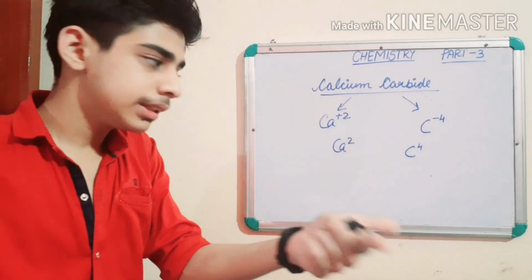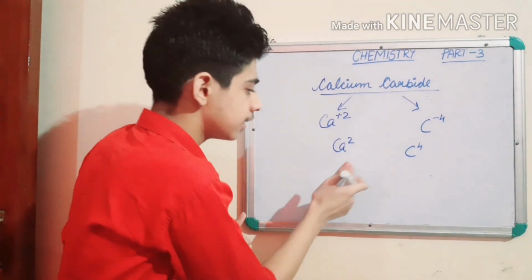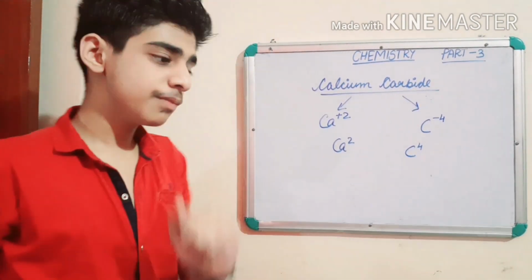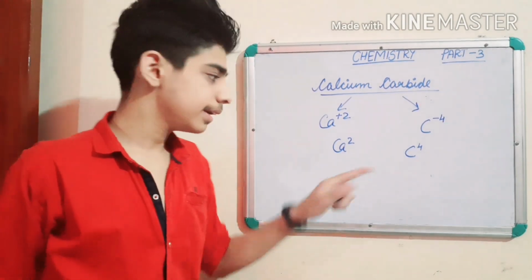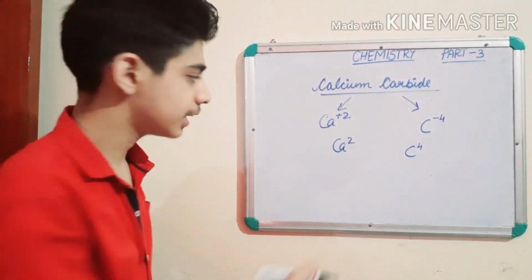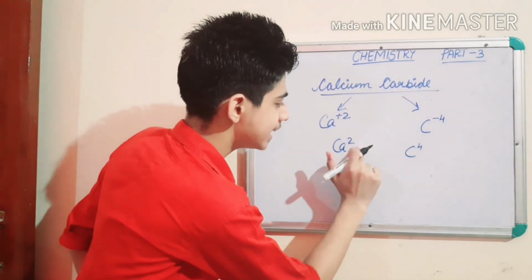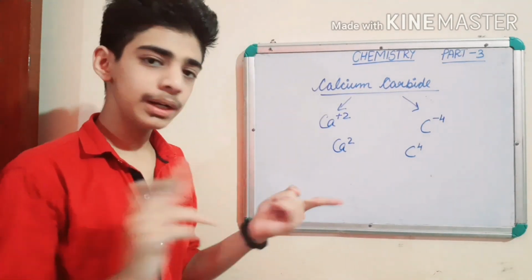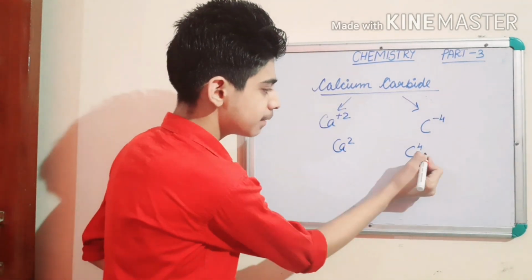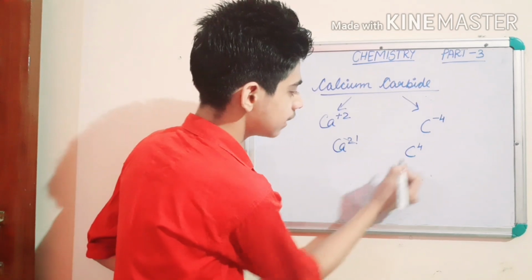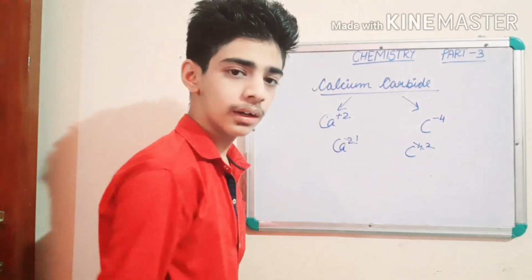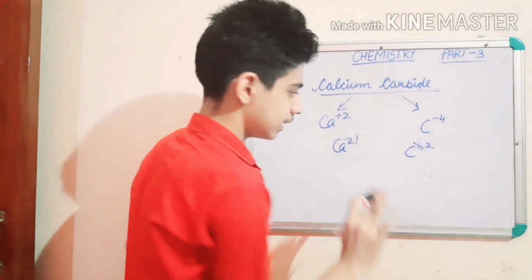And interchange the valencies. But before interchanging, here is one more step regarding this type of equation which has even valencies. Even means divisible by 2. Now see, it is divisible by 2. So 2 ones are 2, 2 twos are 4, divisible.